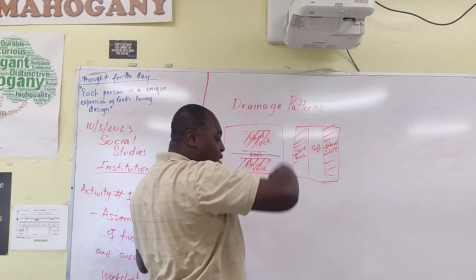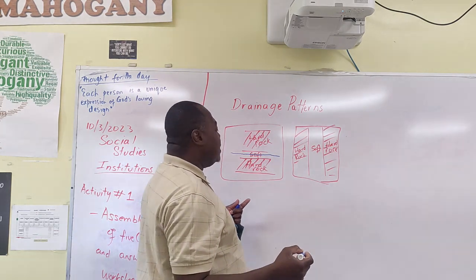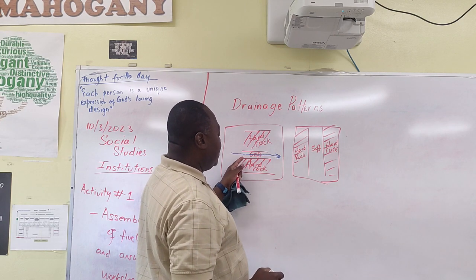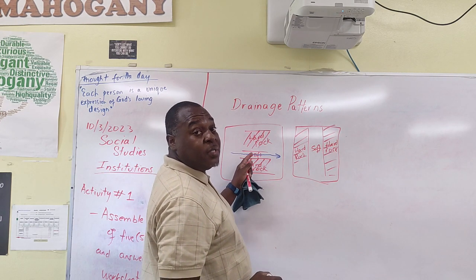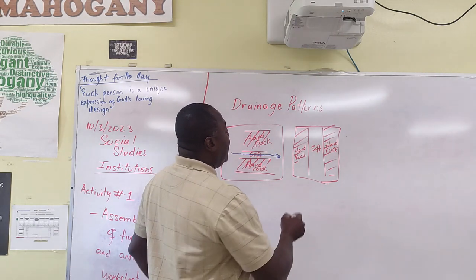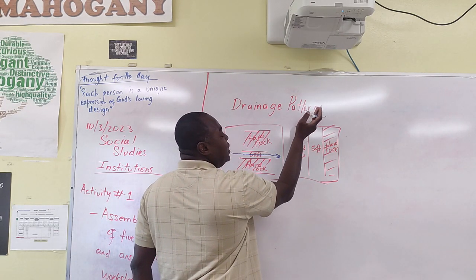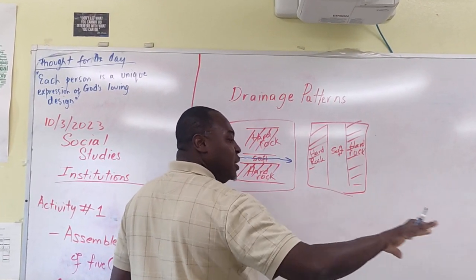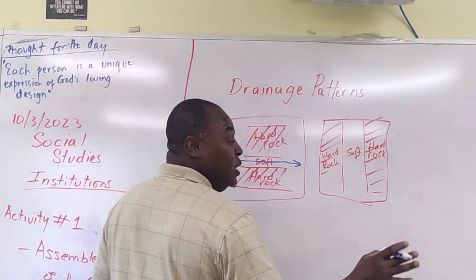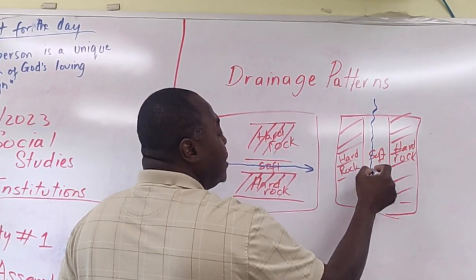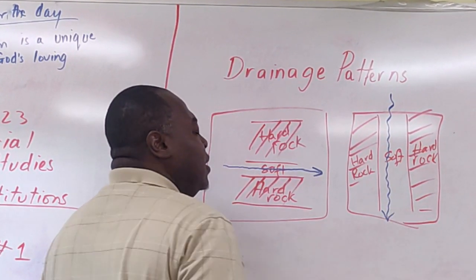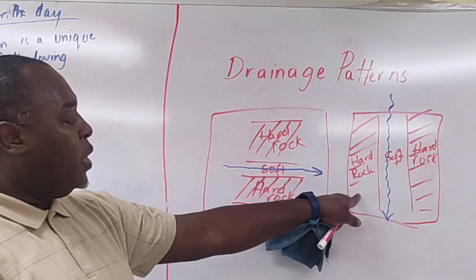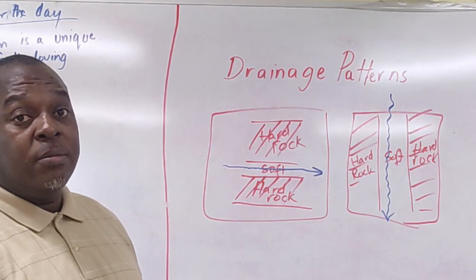Water normally runs from north to south or something like that. Well, if this is hard rock and this is soft rock, it is going to flow through the soft rock. Likewise, if the water is trying to establish itself on this landscape, rain is falling and the water is cutting along the landscape, water will start to run on this soft rock more than the more resistant rock.